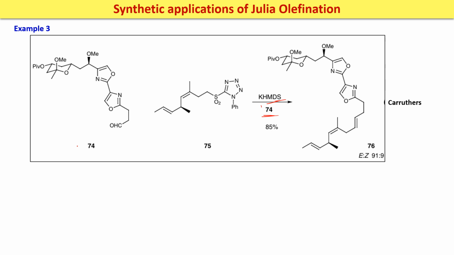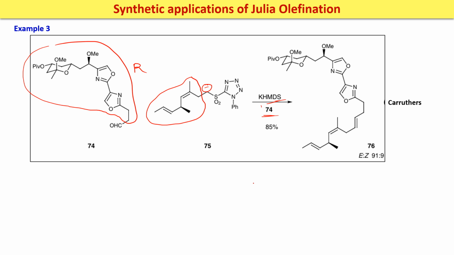So this large portion you can consider as if it is R, and in this case, the sulfone part you can consider as if it is R prime. Carbanion will be generated here and this will be the part of the C-C double bond. So here we have this C-C double bond.